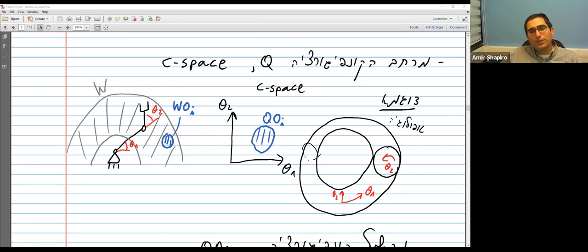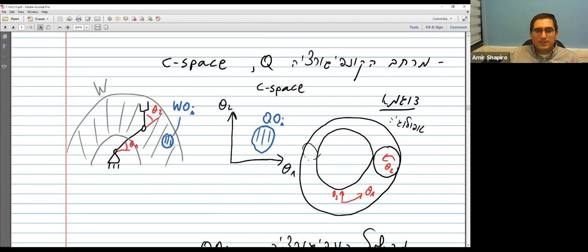I can map the workspace here for all theta that the robot can reach, and I can map the obstacle to all configurations in which the robot hits the obstacle. As you can see, a point inside this obstacle is a theta1 and theta2 such that the robot hits the obstacle.